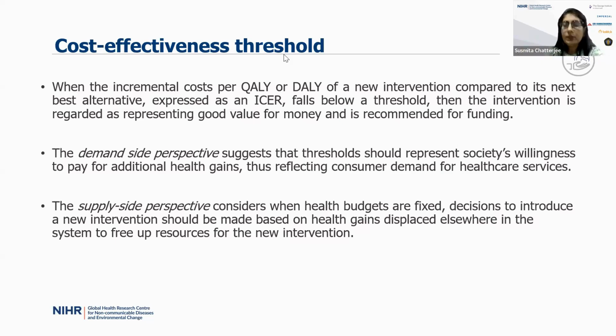Now, if you want to know what the willingness to pay threshold for the Indian population is, it will be extremely difficult to calculate, right? You can imagine that it requires so much information, because there are so many things to consider, right? So it is extremely difficult to calculate that.